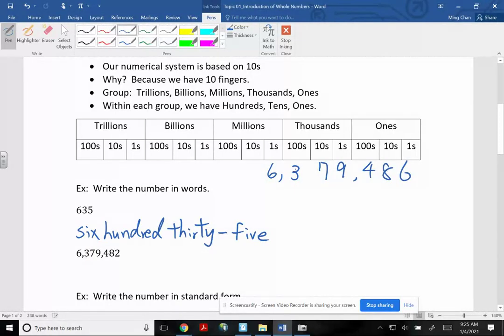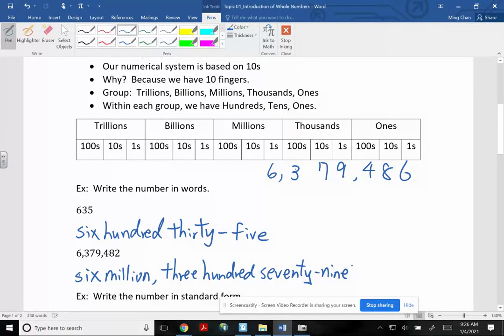We will read this as 6 million, comma. You have to have a comma right here to separate a group. 379 is one number, two different words. So we have to say seventy-nine.